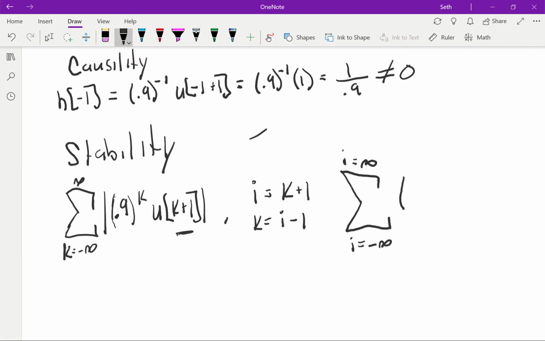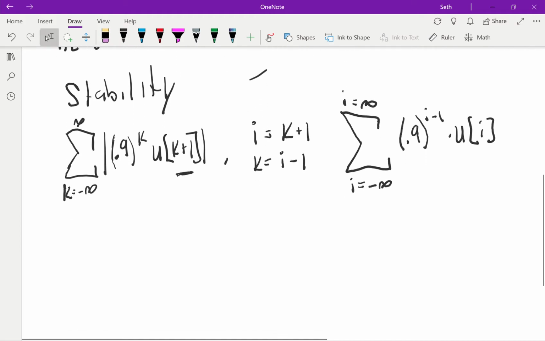So now we can write 0.9 to the k, where k is equal to i minus 1, and then we get u of i. Okay, so our unit step function is non-zero for values of i greater than 0.